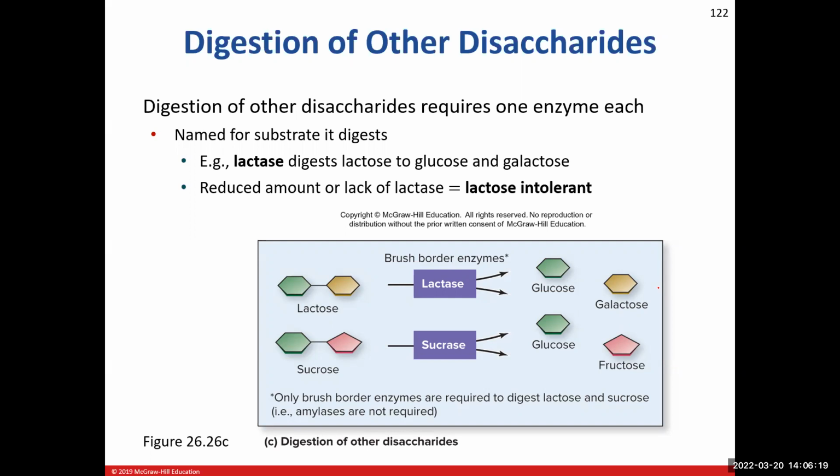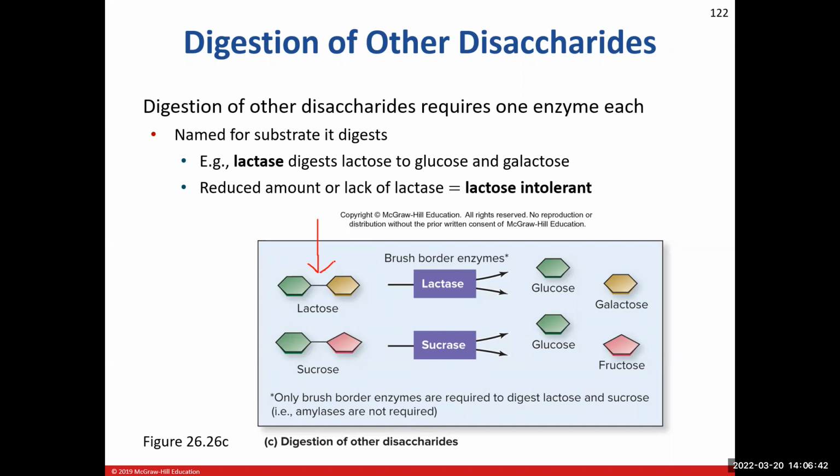It's nice because each of those has its own brush border enzyme. And guess what? We name those brush border enzymes after the disaccharide on which they work. So, for example, lactase is going to go to work on this bond right here.